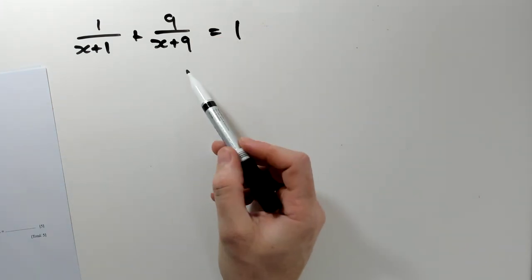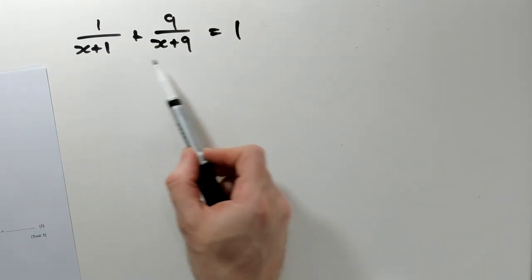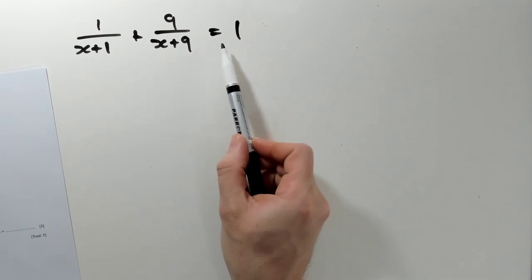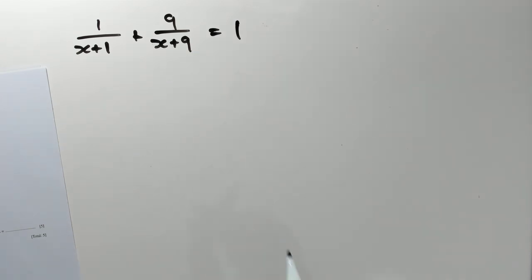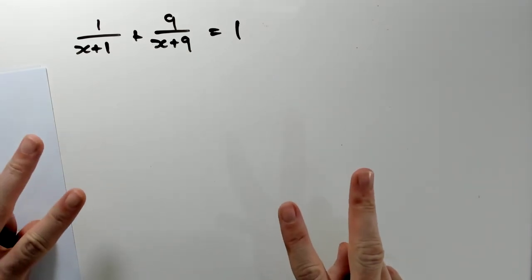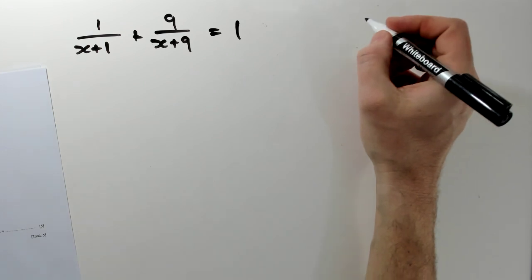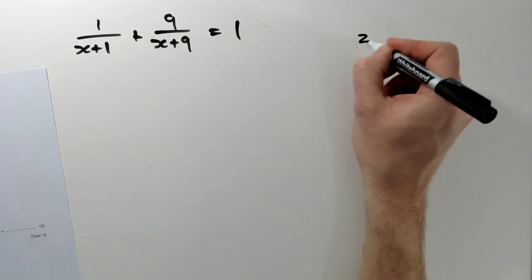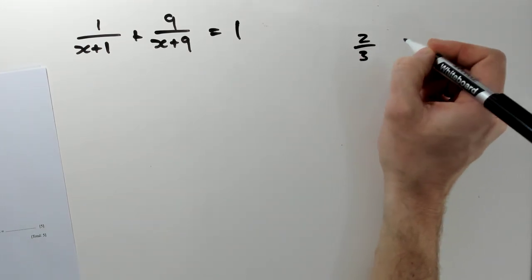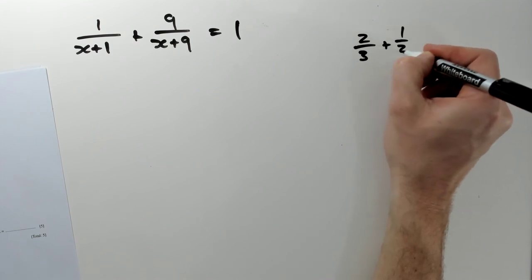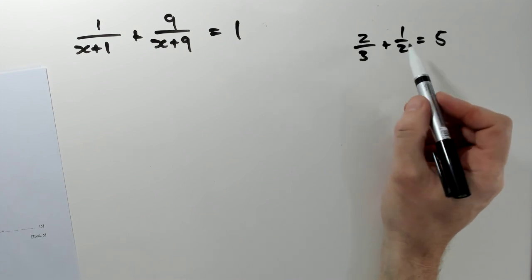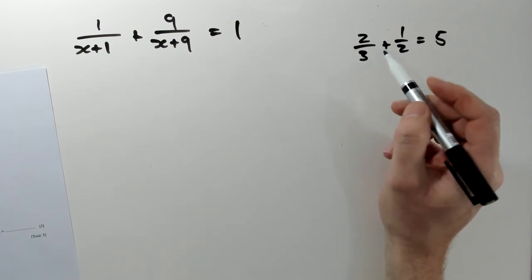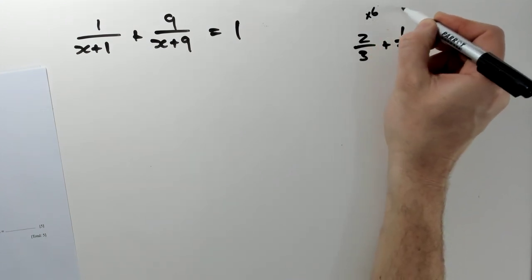Now I kind of really like it when we have equations, because with equations you can let your fractions disappear, if I can say it like that. So for example, if I had something like 2 over 3 plus 1 over 2 is equal to 5, then I can make these fractions disappear by multiplying every term by something like 6.